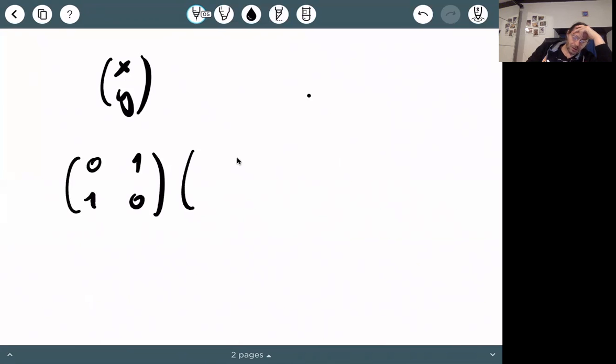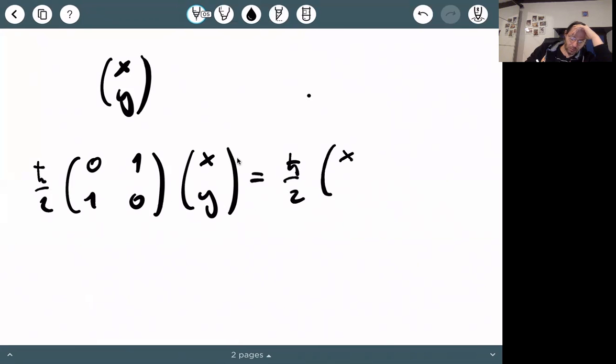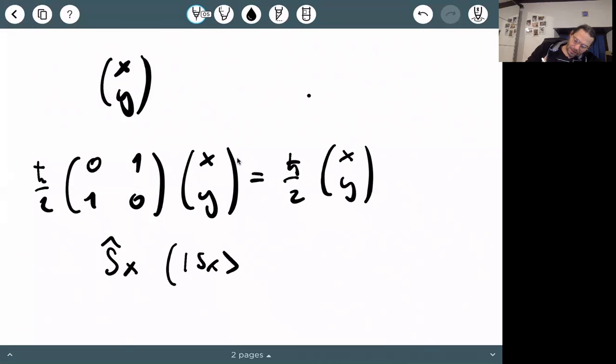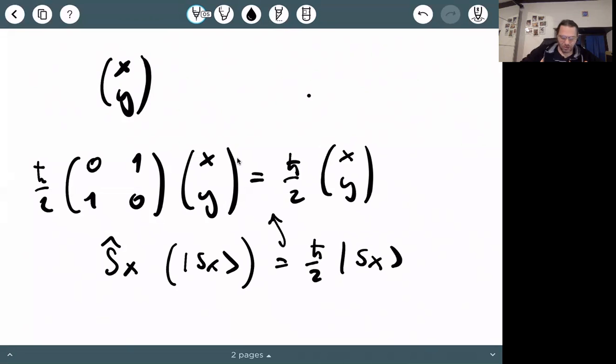Simply solve this equation: h bar half times the matrix acting on the vector, which is simply the equation Sx of my state must equal the eigenvalue times the state, and I'm translating this into equations.